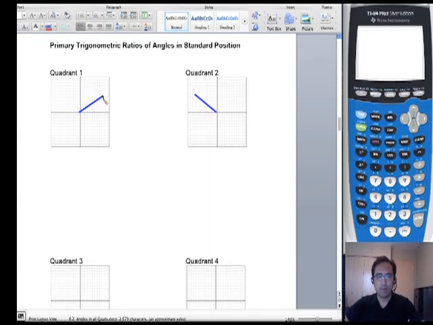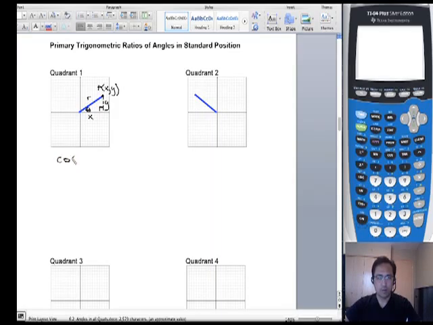Drop a perpendicular here until it hits the x-axis. Make a 90-degree triangle. This is theta here. We know that this r value is always equal to 1 because it's in standard position. We know that this point here is going to be positive x, positive y. This is going to be a distance of positive x, and that's going to be a distance of positive y.